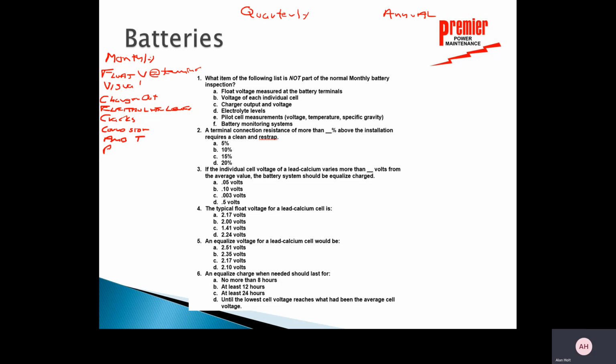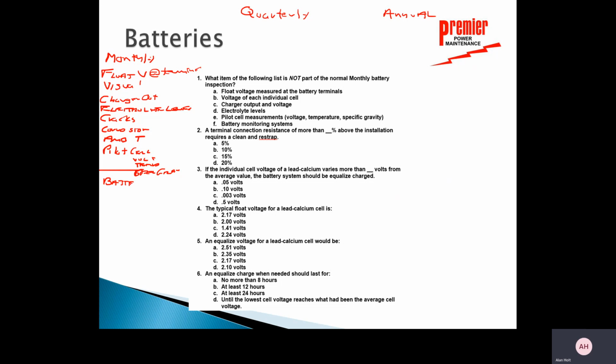Then I would have pilot cells. Now in that pilot cell, I'll take voltage, temperature, and specific gravity. Then always, anytime I go into a battery room, check for battery grounds.